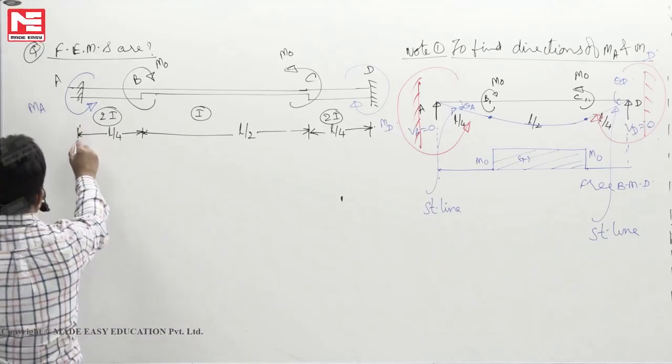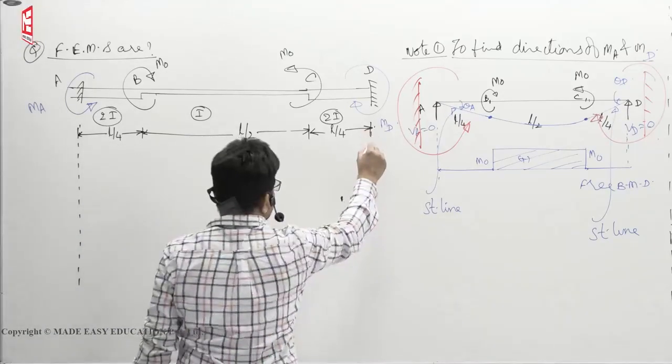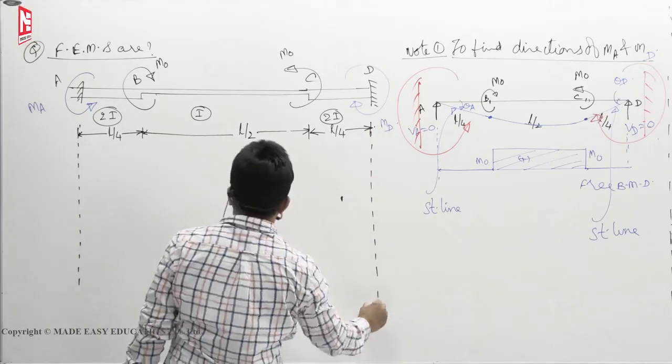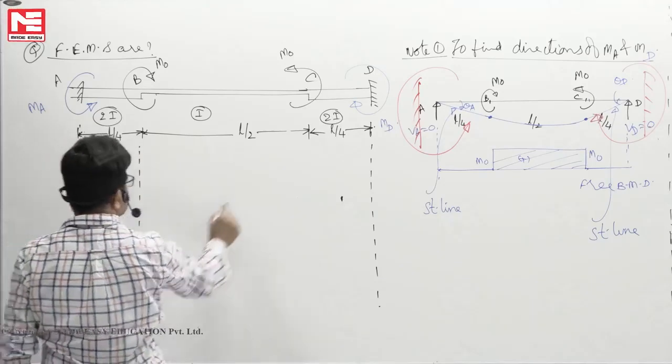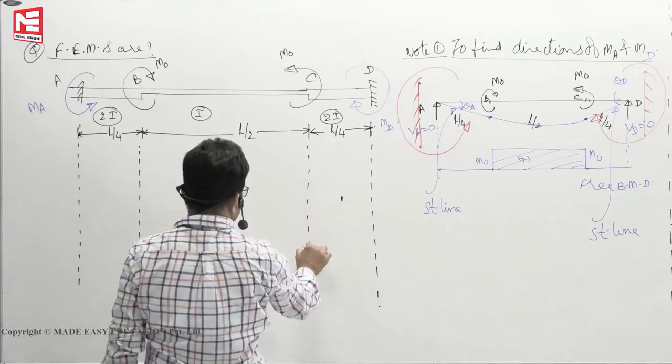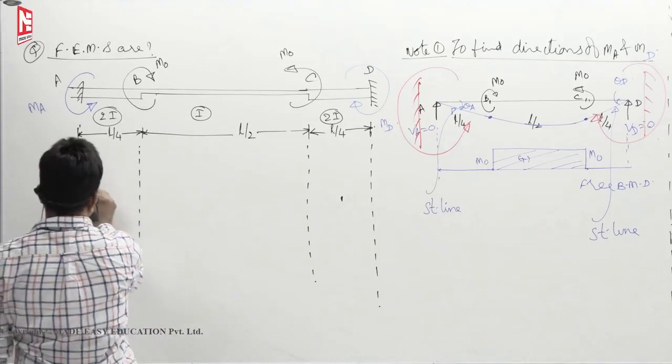Now draw the bending moment diagram. This is a 2 marks question. You must finish it in 1 minute. Now, the free bending moment diagram, first you have to draw like this.